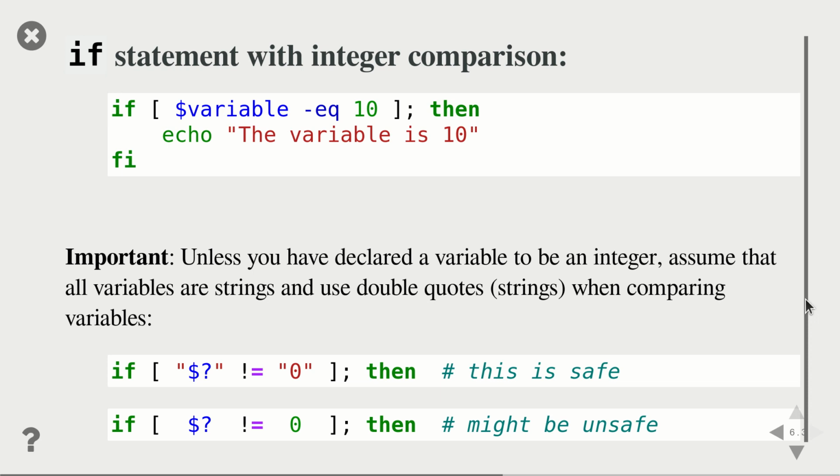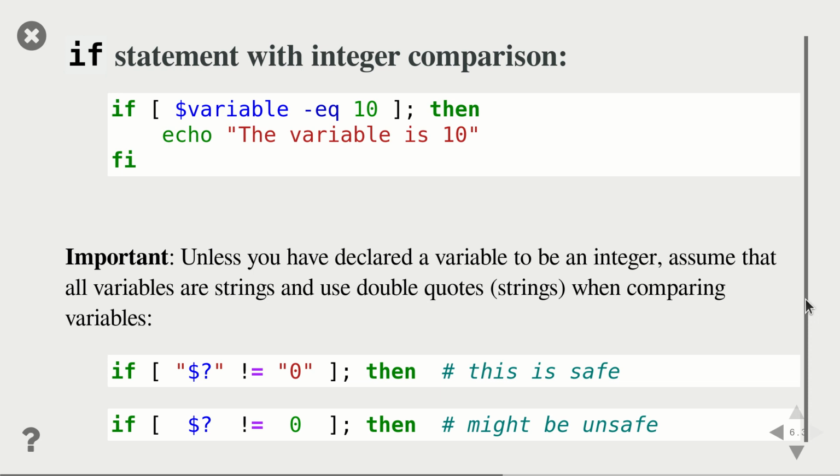But I'm not entirely sure if that variable here was declared as an integer or not. It's a magic variable. So to be able to do a safe comparison, I convert the variable to string, and then also use the string comparison here in the if statement. So the last one, -ne for not equal here, might not be a safe choice to do.